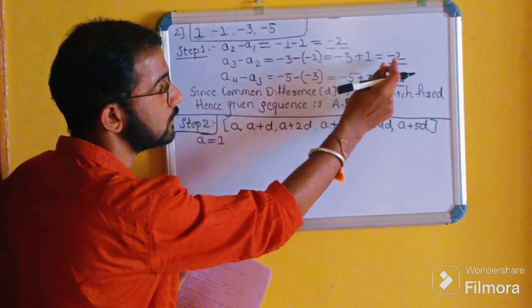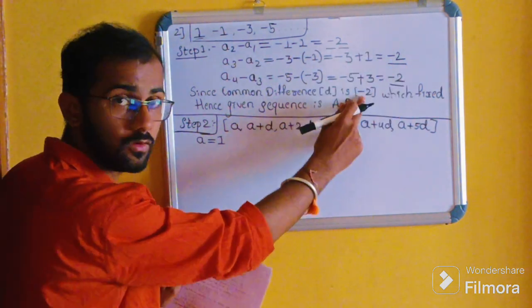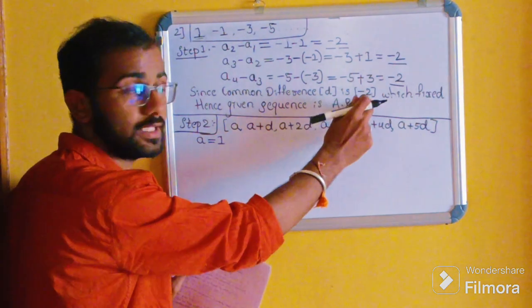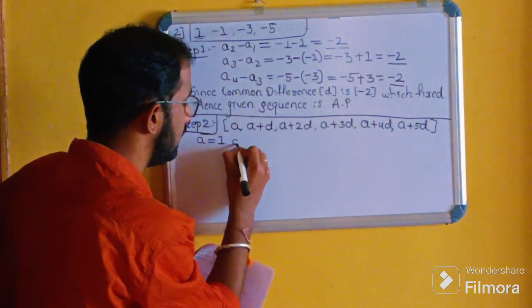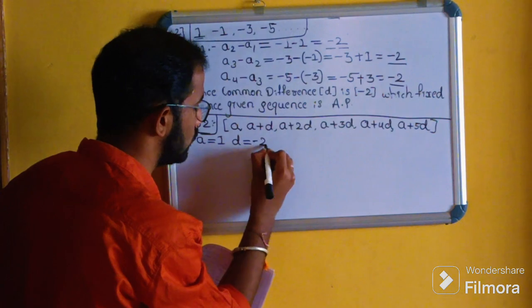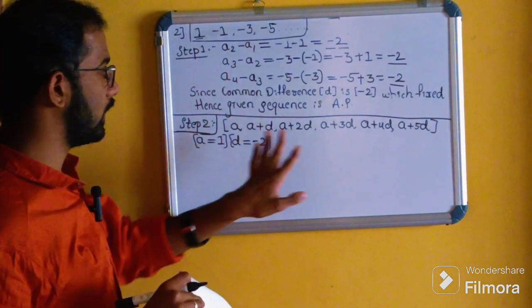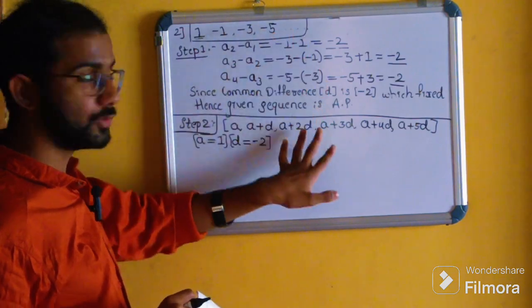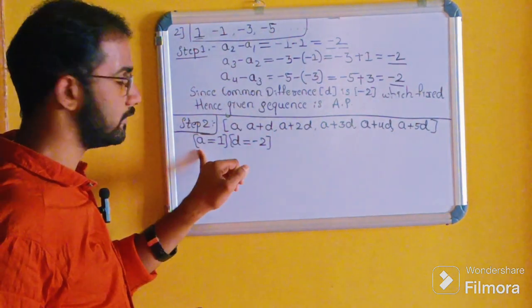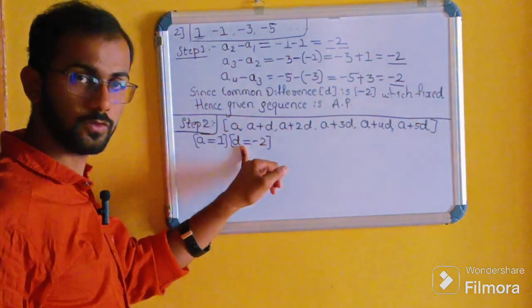Now a is 1, a plus d is -1, a plus 2d is -3, a plus 3d is -5. We need to write the next two terms, so consider a plus 4d and a plus 5d.